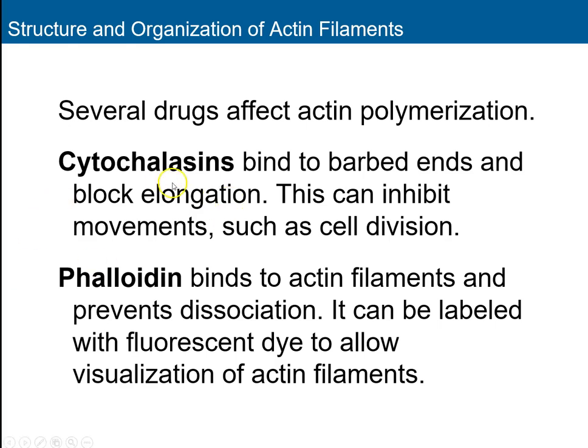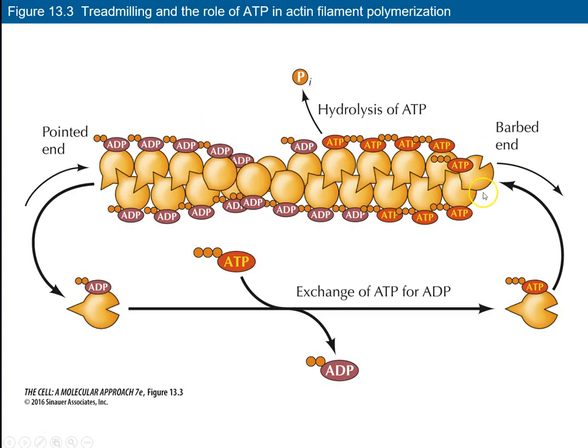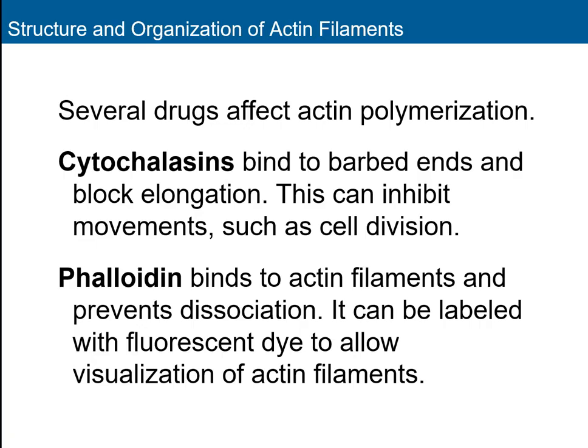Okay, and so here are some examples. Cytochalasin will bind to the barbed ends, and it will basically block elongation. So these drugs will bind to that barbed end, which is over here, right? And if something is bound here, preventing these guys from being added, no polymerization, okay? So it's going to stop the growth of those actin filaments, essentially, okay?